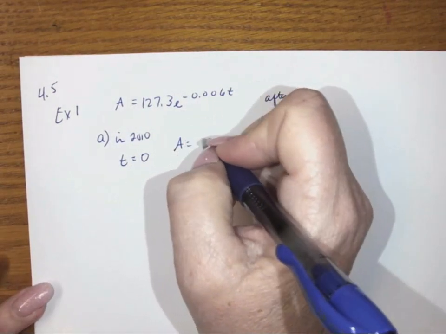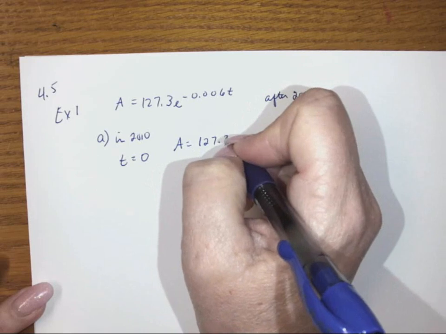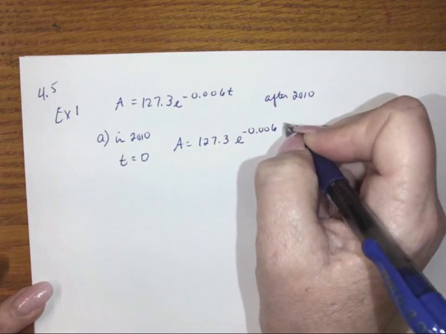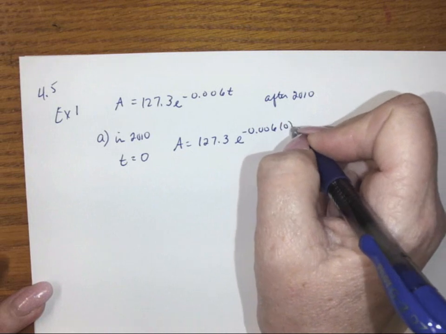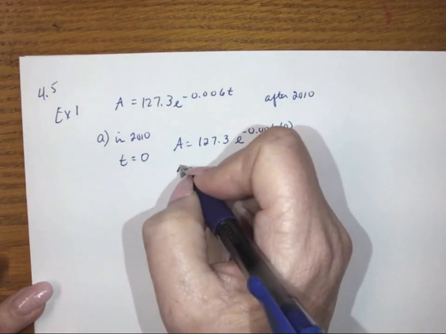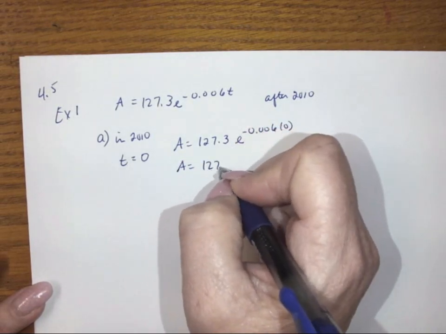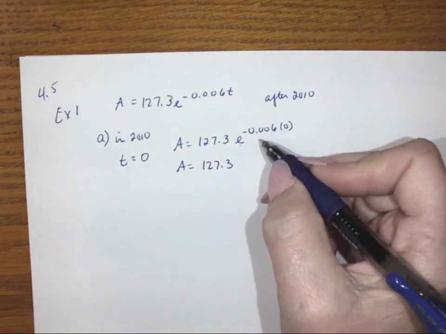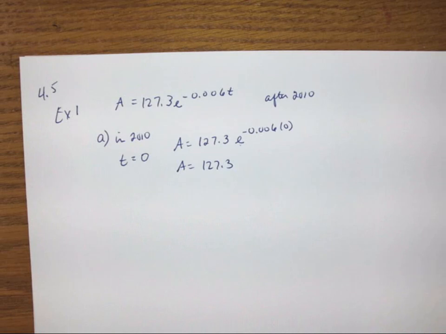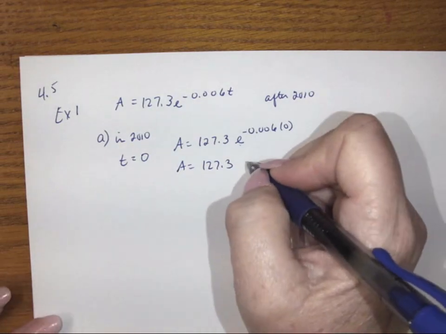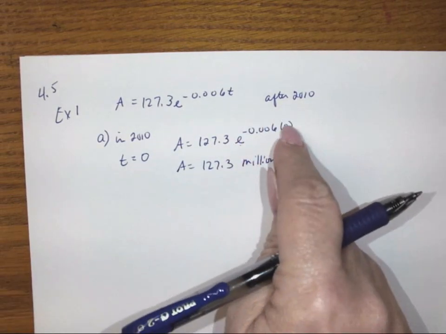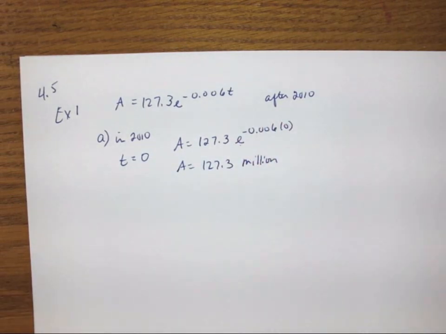So we have A is equal to 127.3 e to the negative 0.006 times 0. So A will be equal to 127.3. This ends up being e to the 0 power, and anything to the 0 power is 1. So we end up with 127.3 million, because this will all become 1 as it's raised to that 0 power.